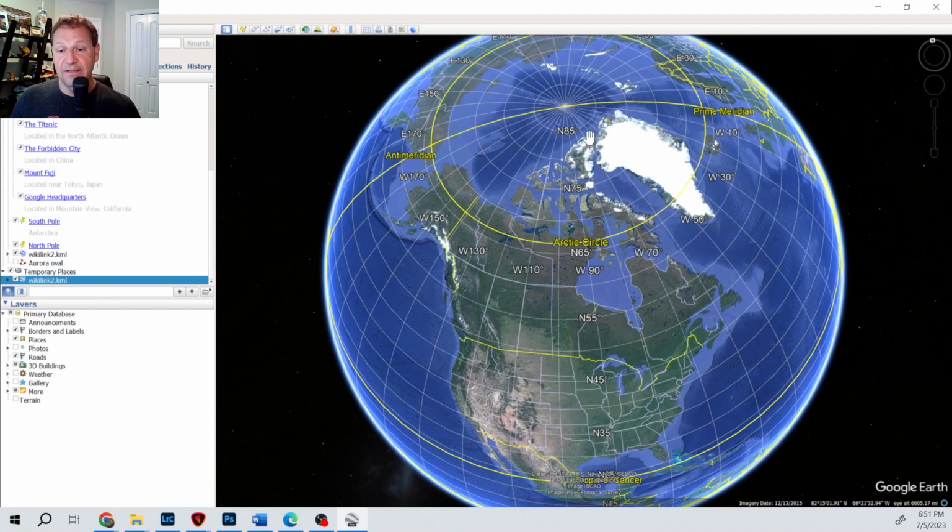The net effect is the aurora is 10 degrees further south in much of Canada, and then the same thing would apply to the United States. Anything that's low here is going to be 10 degrees lower in the US as well. That makes Canada one of the best places to see the northern lights.